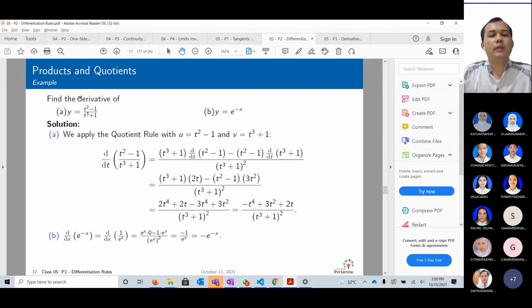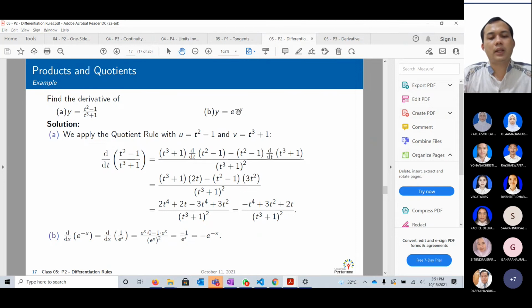So for example, we find the derivative of y equals t squared minus 1 over t cubed plus 1. We can use the quotient rule, in this case with u equals t squared minus 1 and v equals t cubed plus 1, and so on so forth.